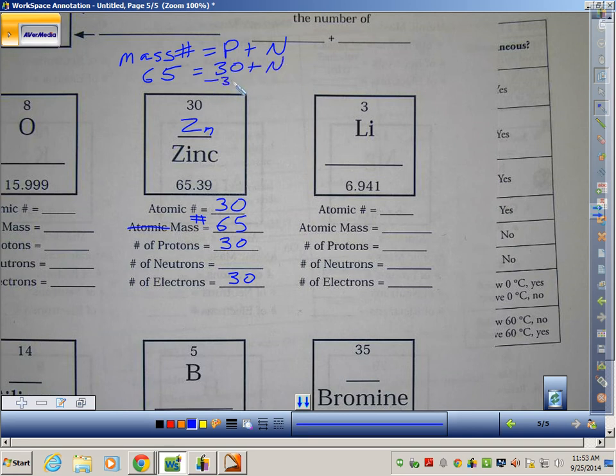And if I subtract 30 from each side to cancel it out there, I know it's going to be 35. And yes, indeed, that is 35. These two numbers are different, so it's an isotope, right? Are we good? Yeah, awesome. Okay, I better end that recording.